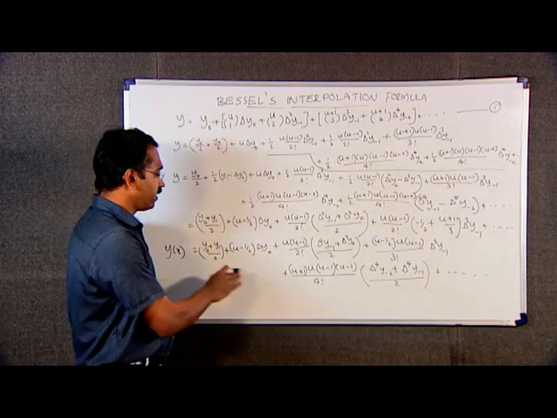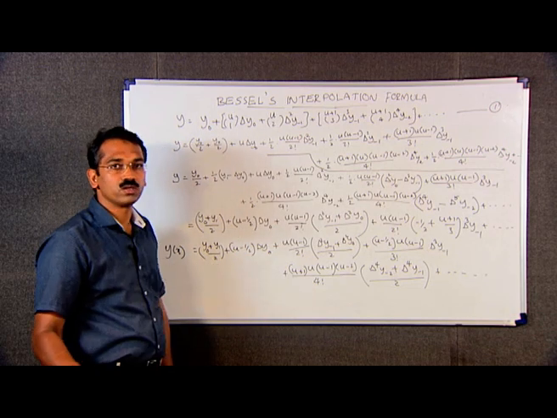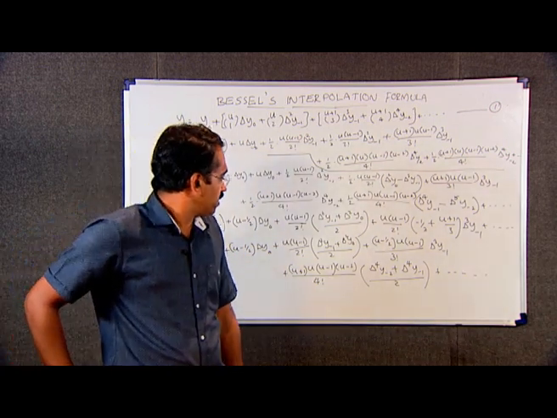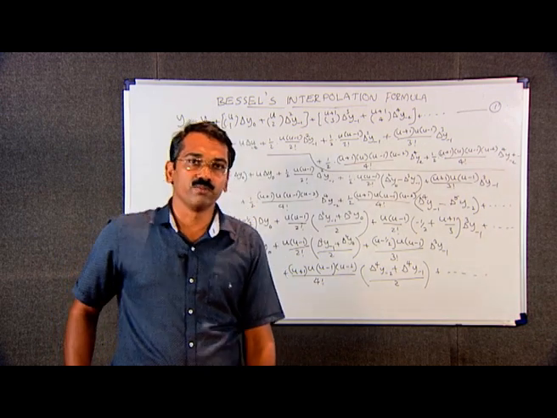Y1 line means a line through x1 y1, which is the observation from the difference table.